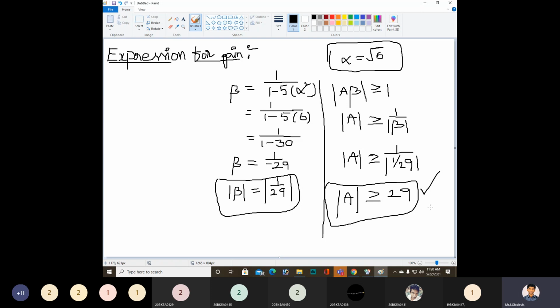Then mod A is greater than or equal to 1 by mod beta. You know the beta value, 1 by 29. Substitute 1 by 29 in that equation, then you will get the expression for gain: mod A is greater than or equal to 29.